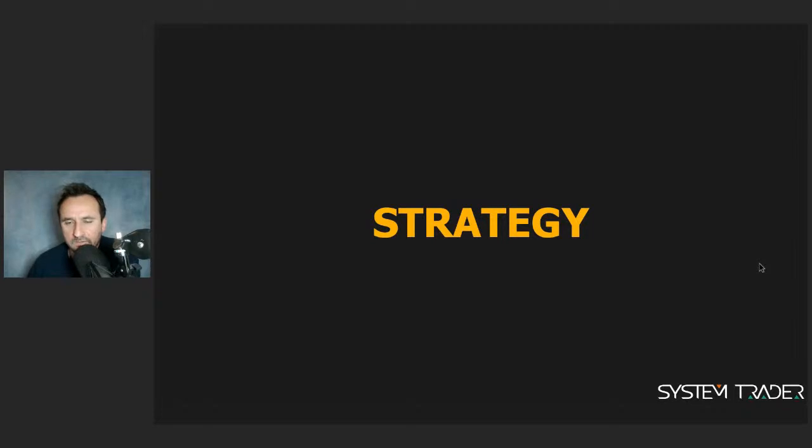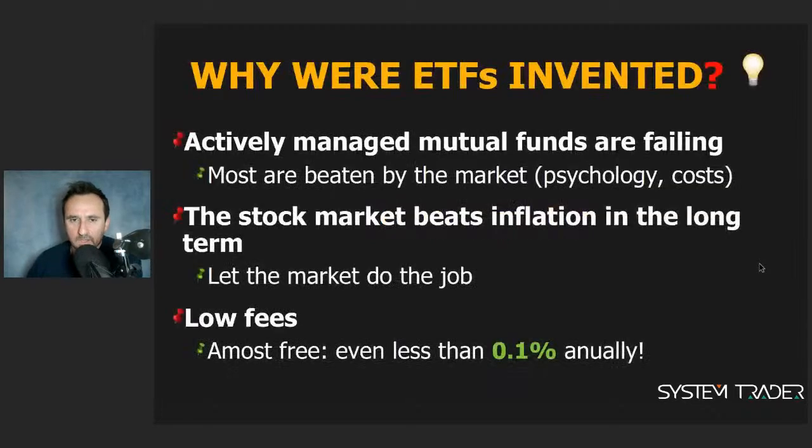So let's talk about the strategy. And why were ETFs invented? So as I said, the actively managed mutual funds are failing and most are beaten by the market. And as I mentioned, the reason is just the fees, the costs, but also the psychology.